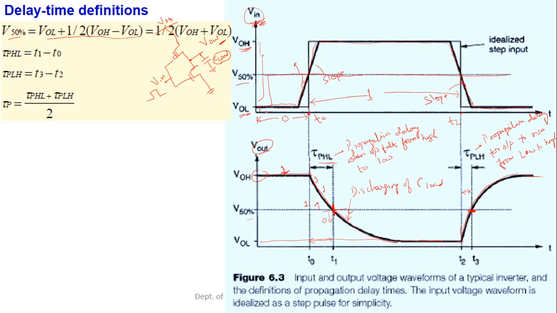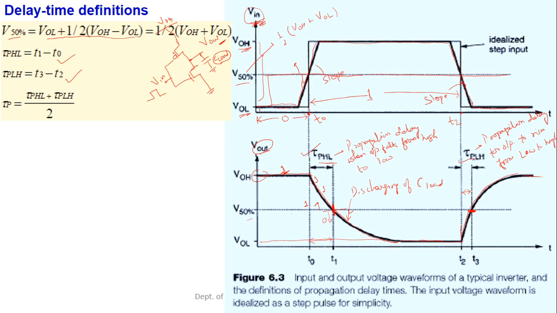So this plus this becomes the 50% mark, and simplifying this, it becomes half of VOH plus VOL. So VOH plus VOL divided by 2 gives you the 50% mark. Simple, straightforward. And we had just seen this is tau PHL, and this is tau PLH.